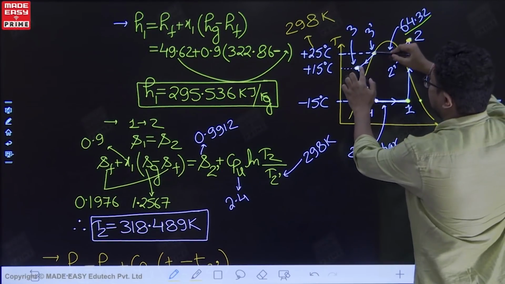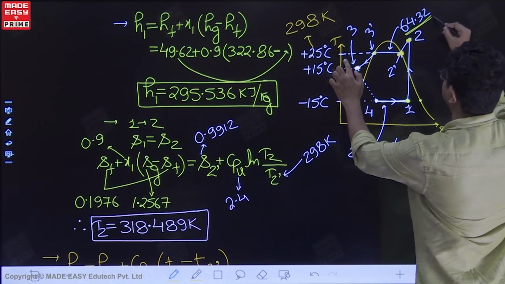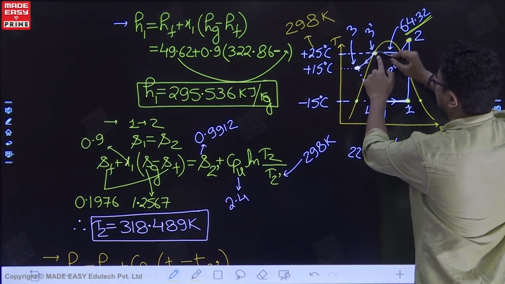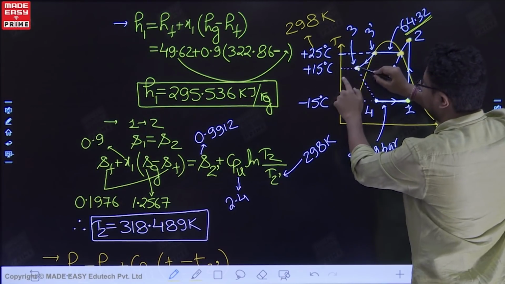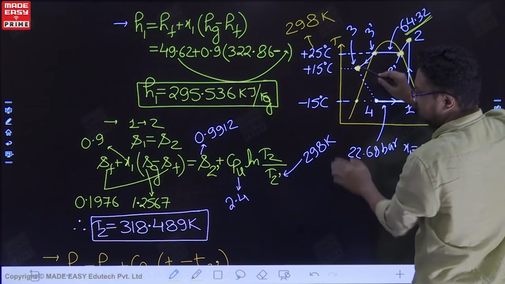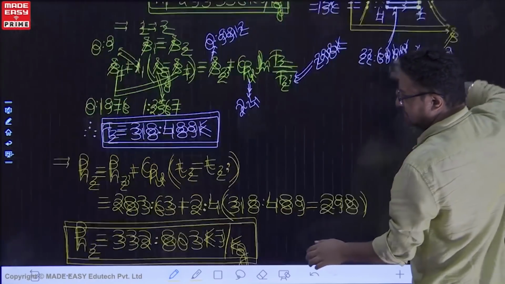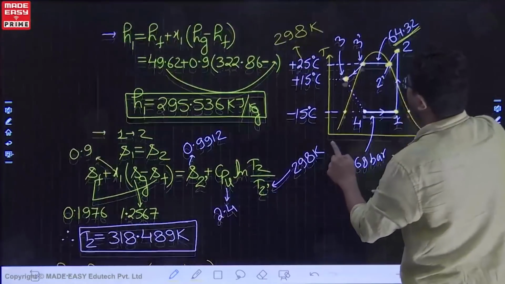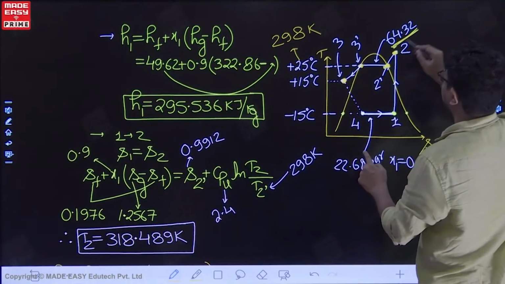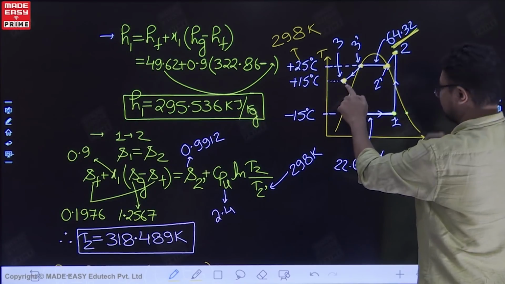Phase change is at 25 for this pressure, but after exiting the condenser, the point is this 15. So you should know the value at this. We need to know H3. But at this pressure, 15 degree data is not given.